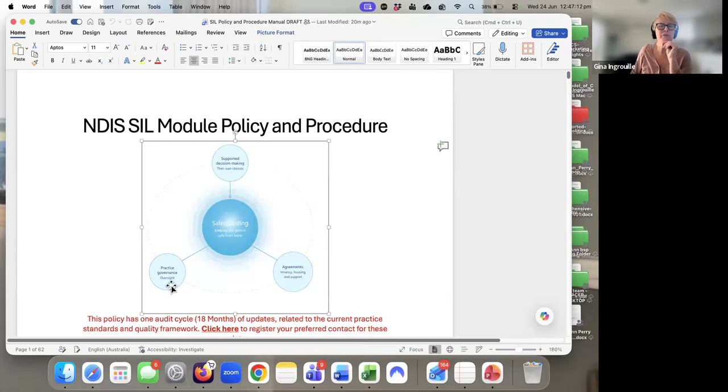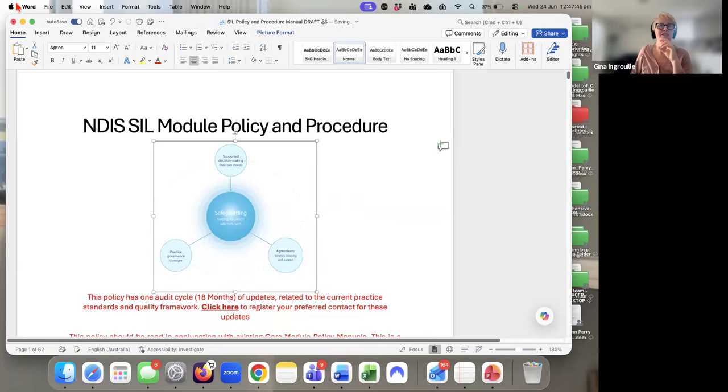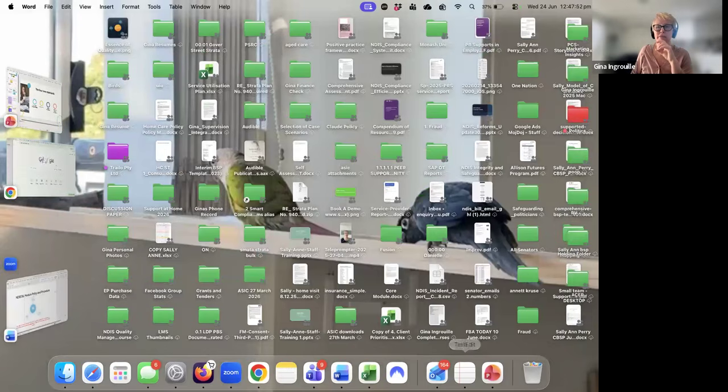It's the practice governance, which means more focus and more requirements and more regulation for providers to improve their governance and their oversight, and more scrutiny on supported decision making to improve the person's human rights. It's all safeguarding. It's coming at it from 3 different angles, okay? And it's all very much centered on the SIL issues that the market's experienced.